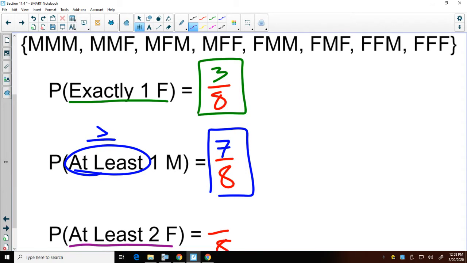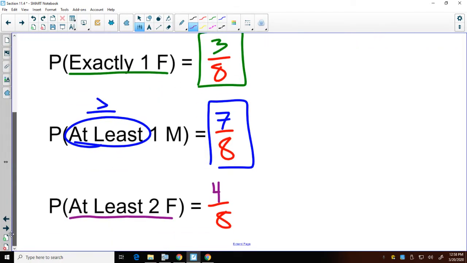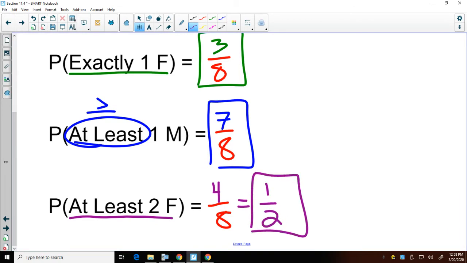So that starts right here. I have 2 females, so that's good. I have 2 females. Yep. 2 females. Yep. And then the 3 females is included in this one because of the at least. So how many outcomes do I have there? 4 out of 8. And does that reduce? Yes. To a half, and that's what we would want.